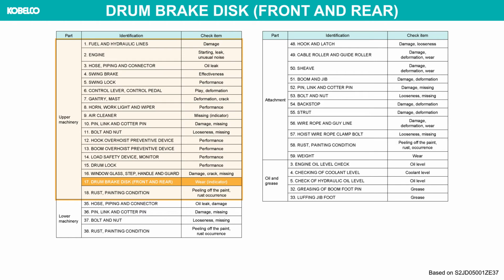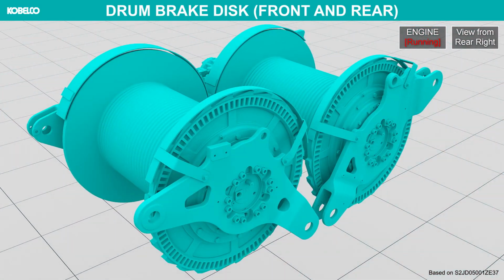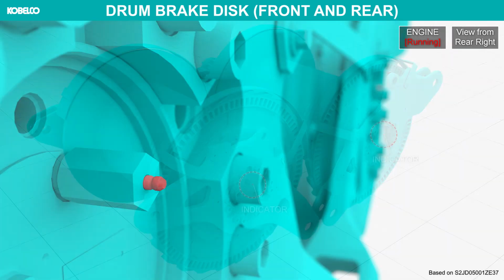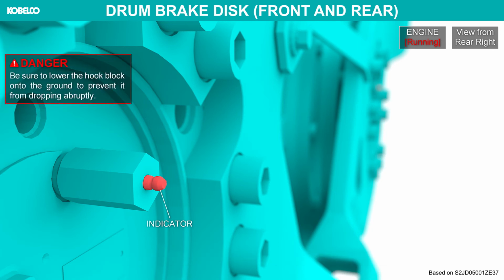Drum brake disc, front and rear. Check the wear of the brake disc with the indicator. Be sure to lower the hook block onto the ground to prevent it from dropping abruptly.